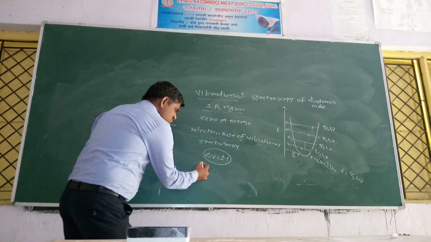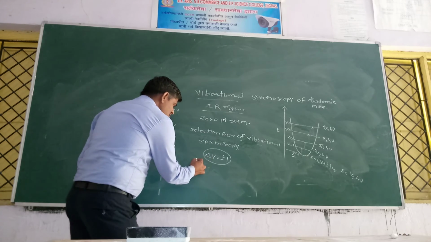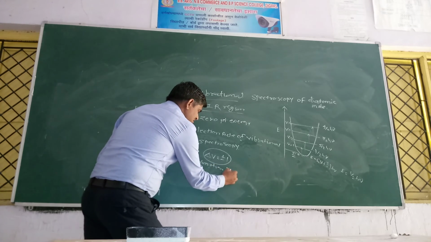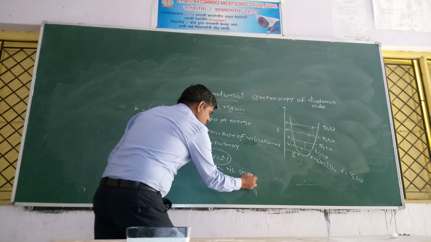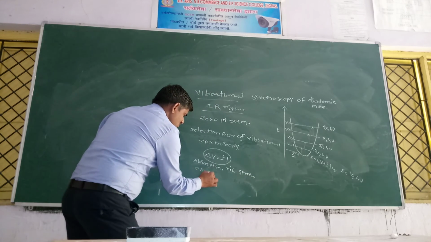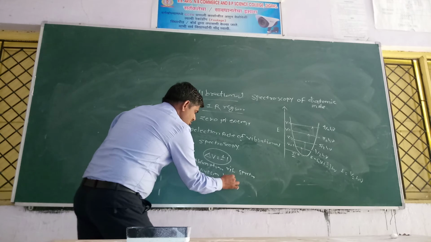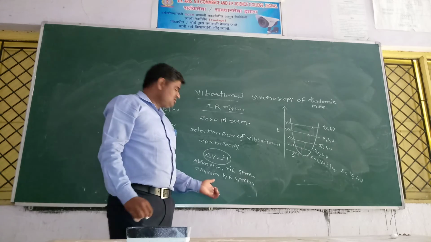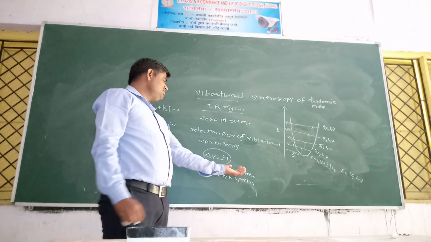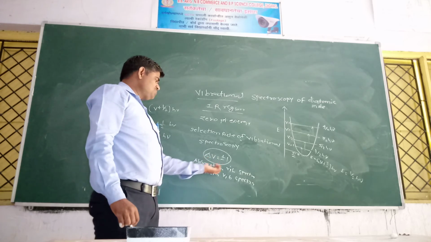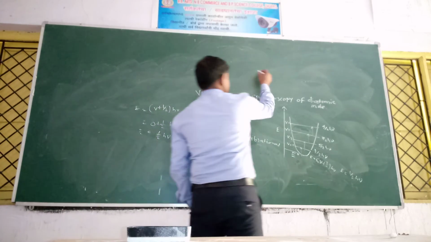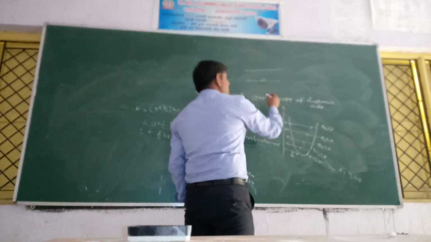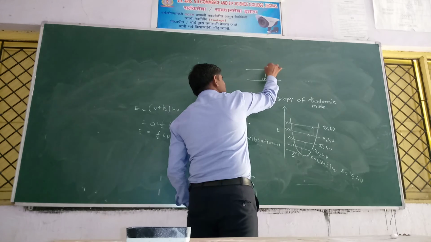Then absorption vibrational spectra and emission vibrational spectra. What is the difference between these two spectra? I already explained in rotational spectra. Absorption vibrational spectra means the molecule absorbs some amount of energy and goes to a higher energy level.